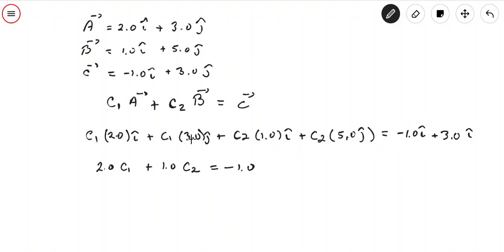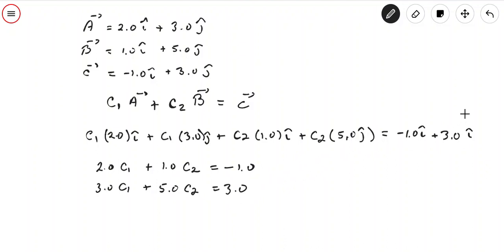So I can say now with the j components, that 3.0 times C1 plus 5.0 times C2 equals 3.0.